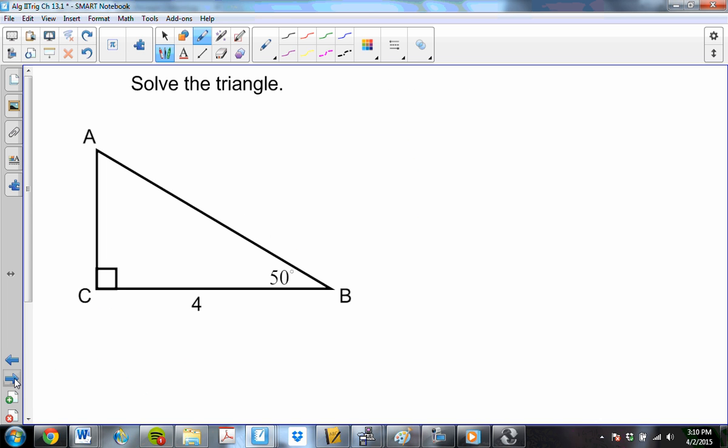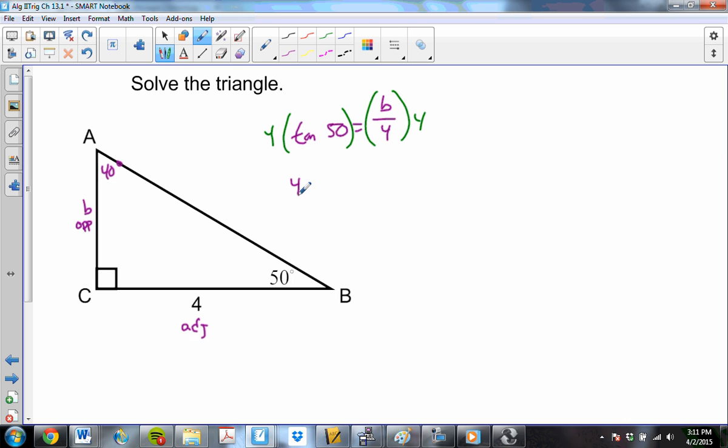So here I only have one side and one angle, so I know automatically that this right here has to be 40 degrees. That's pretty simple, because those have to add up to 180. So I'll try and find side length B. Well, here I have opposite and adjacent, and that's tangent. So the tangent of 50 degrees is my opposite over my adjacent, and I'm going to solve this equation for B. So I multiply both sides by 4.